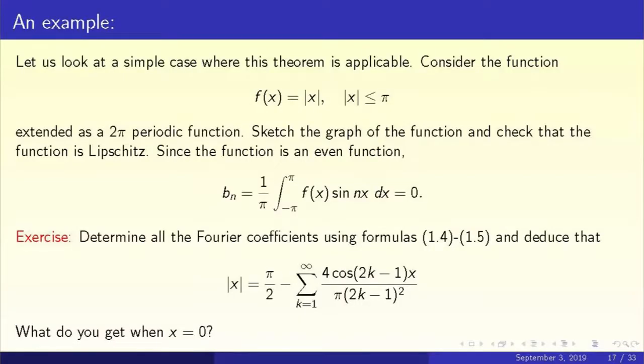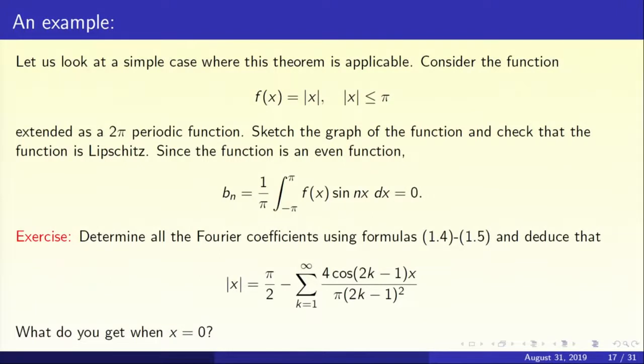So I can compute the Fourier coefficients, and the Fourier series will give you back the function f of x because of the basic convergence theorem. We had spent a lot of time and taken a lot of trouble in proving the basic convergence theorem, and now we must reap its benefits. The function is an even function, so Bn is straight away going to be 0. I ask you to compute the other Fourier coefficients a0 and an, write down the Fourier series, and the Fourier series will give you back the function pointwise.